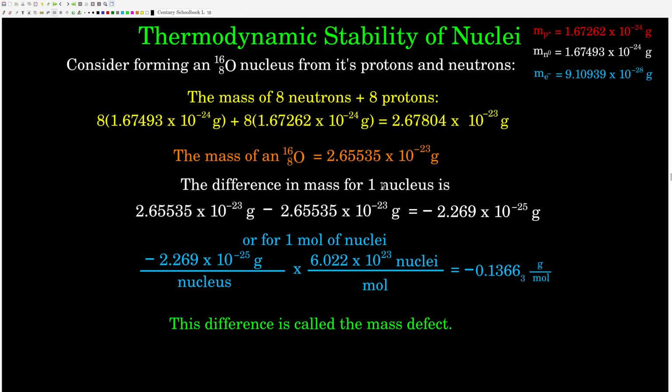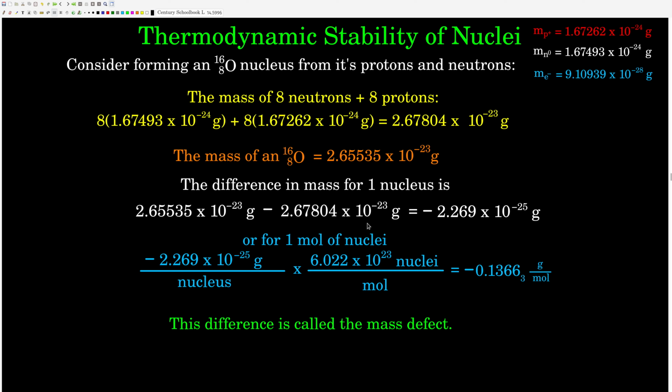So let's look at the difference in mass for one nucleus of oxygen-16 between the mass that it actually is and the mass that we calculate. The difference is negative 2.269 times 10 to the minus 25th grams, negative because we take what it really is minus what we calculated it would be.